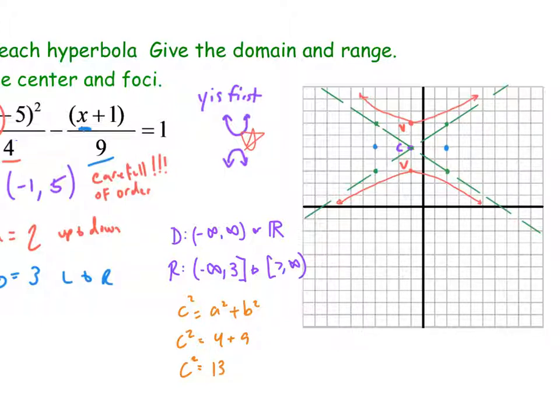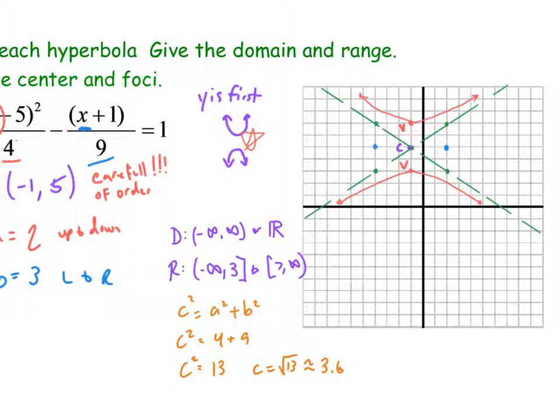So c equals the square root of 13. And we do need a value for that since we need to plot it. So let's see what that is real quick. But know it's somewhere between 3 and 4. So 3.6.